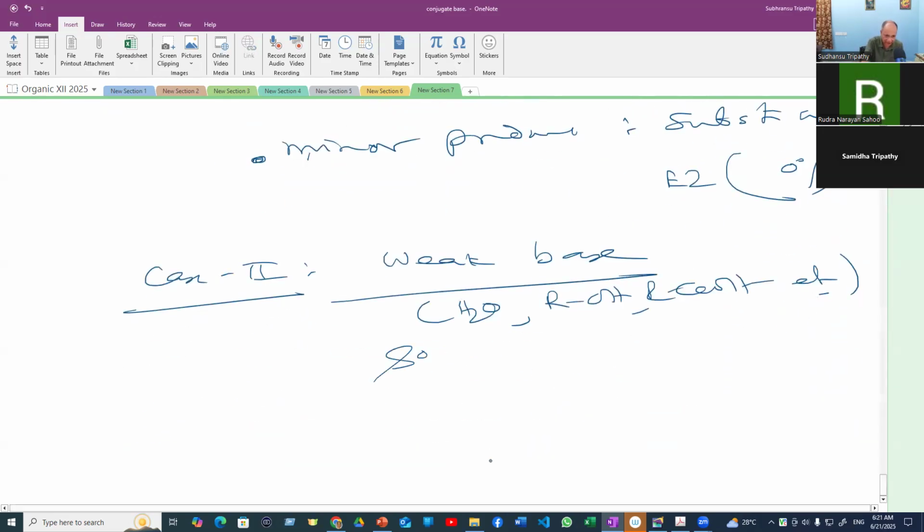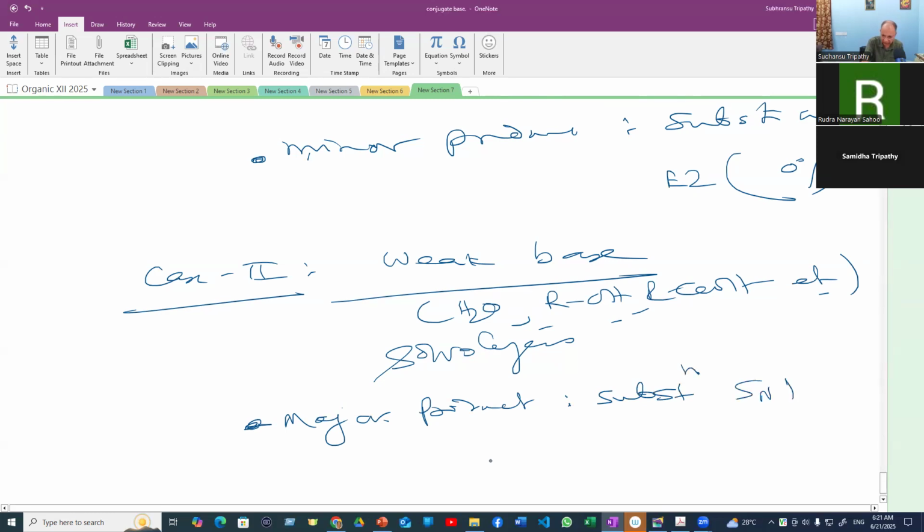In that case, the major product is substitution, and that too SN1. The minor product is elimination. This is E1.